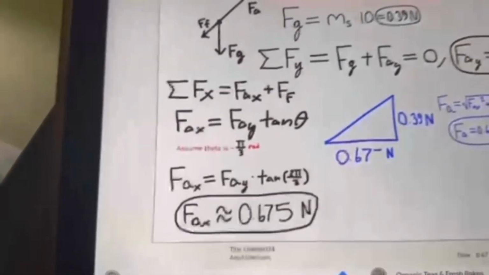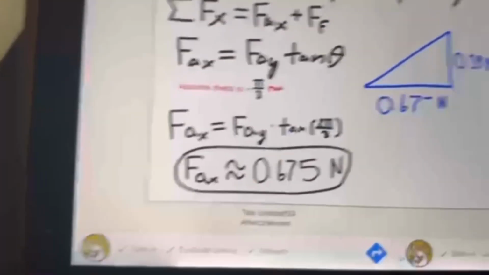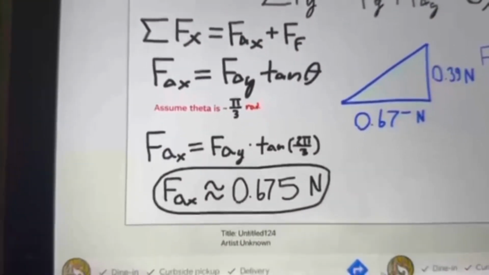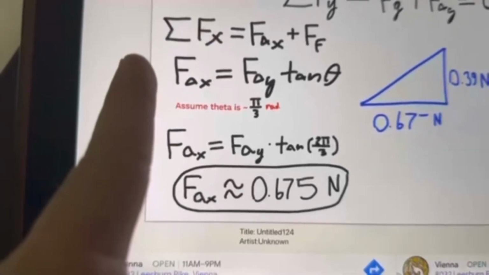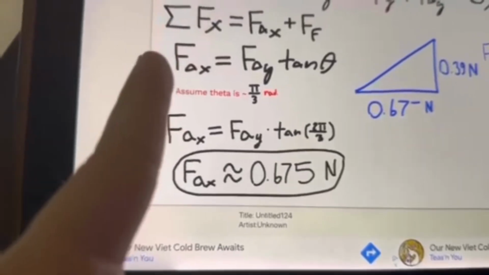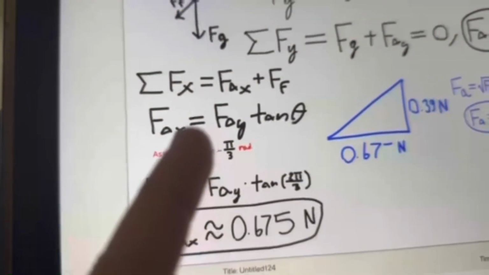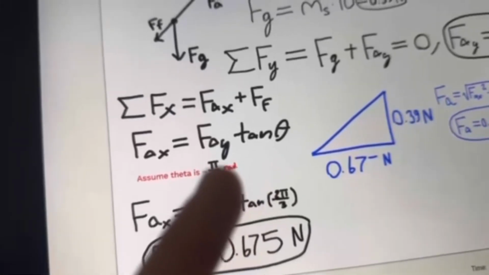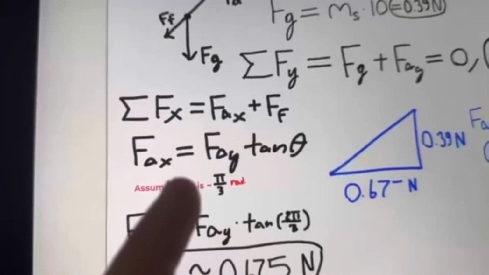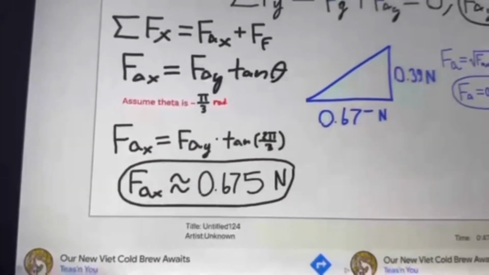Then, using that value, I was able to use trigonometric equations and set the horizontal component of the applied force equal to the vertical component of the applied force multiplied by tangent of theta. I assume that theta is around pi divided by 3 radians, since it moves around a sixth of the total circumference.